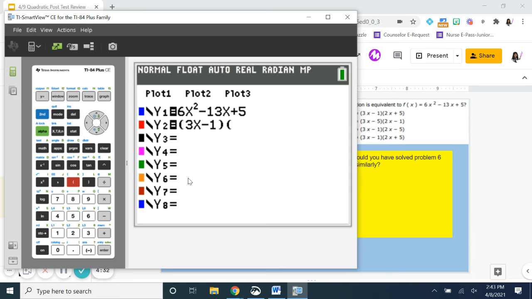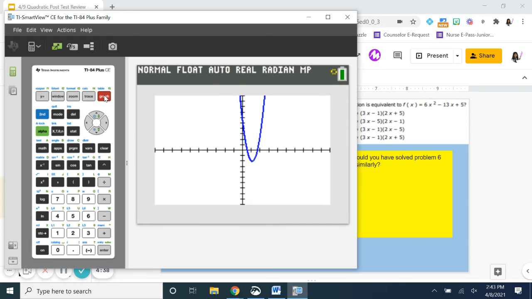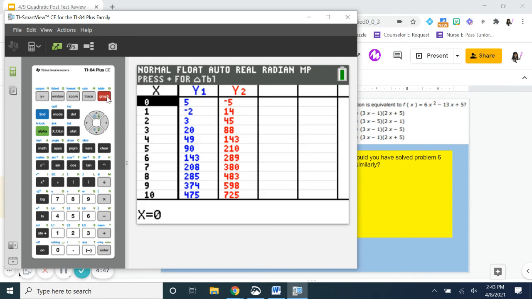And then notice I am putting in the parentheses, 2x plus 5, close them up. And look at my graph, there's a blue, ooh. So do those two equations look equivalent? Definitely not. And I can also look at my table. They are not equivalent, otherwise the y's would be the same. So basically I would just continue going down my answer choices to see which one is actually equivalent.